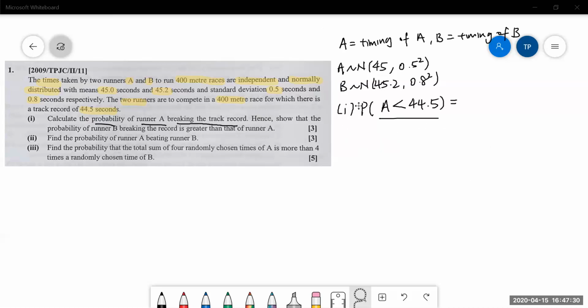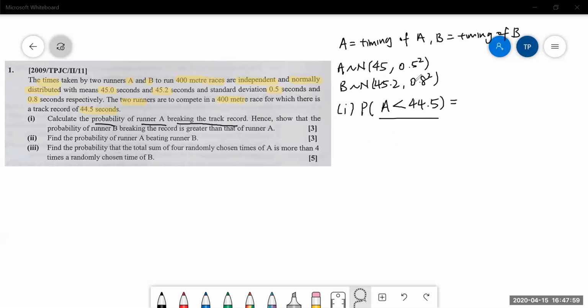Wait, but the answer's wrong. I got 0.02275, but the answer is 0.15. What do you key for your standard deviation? Is it 0.5 or 0.5 squared? 0.5. I'll try again. Oh, okay, I got it now.